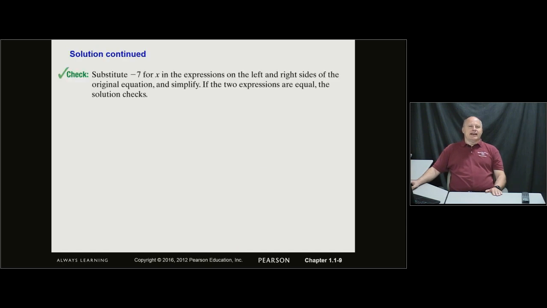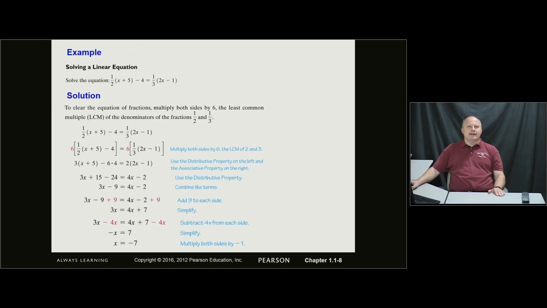So we're going to substitute negative 7 for x in the expression on the left and the right of the original equation and simplify. And why don't we just put it back in one of the middle equations? Let's go back to the beginning. Look at all the work that we did. Let's say we put negative 7 back into the 5th step. You could, and if it works for that one, that's great.